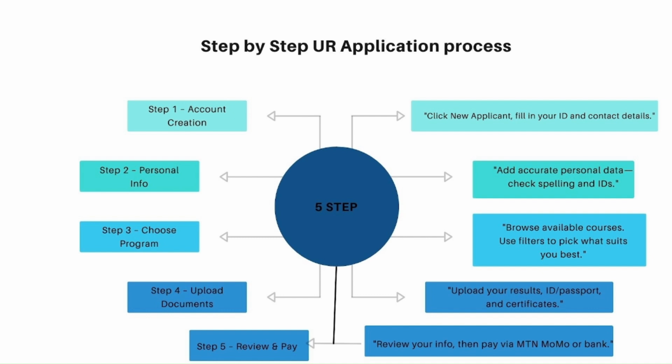If you have account creation, you have to click new applicant as I showed you there. In step 3, you choose the program the way I did it, and you upload the documents the same way I did it. Make sure you rename your document correctly. And number 5 now is review and pay. This is to review your information, then pay by MTN Momo or Bank of Kigali.